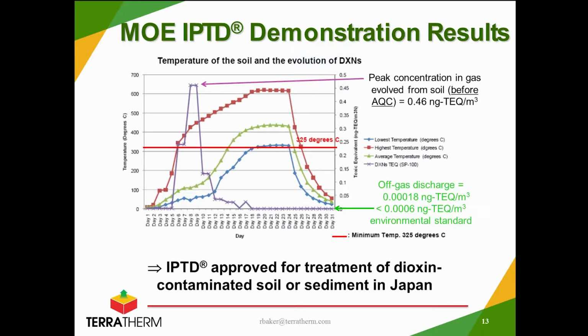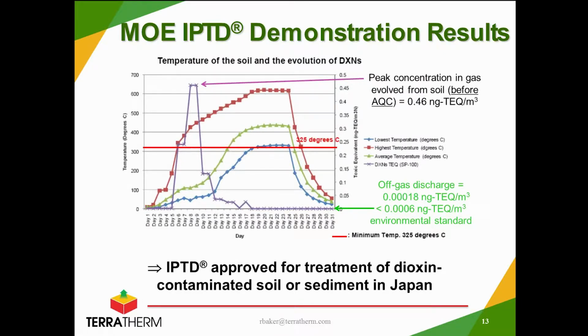Most interestingly, we are able to show you the progression of soil temperatures over the month-long demonstration, as well as the off-gas that occurred from the heated box. So first, for the soil temperatures, the blue curve shows the lowest temperatures measured in the box, the green, the average temperature, and the red, the highest temperature.